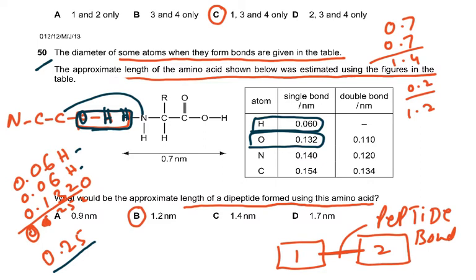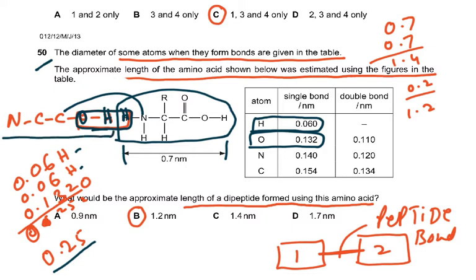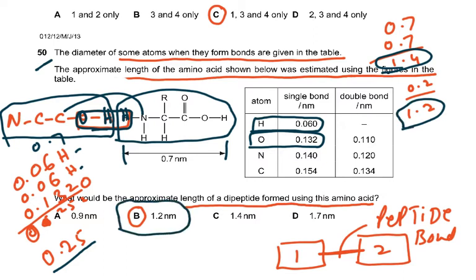And if we have two of these, one amino acid and then another amino acid, they both will be 0.7 plus 0.7, that is 1.4, and 1.4 minus 0.2 is 1.2. So I think that is how we have to figure this out. Maybe you can come up with another way as well. I'm open to suggestions.